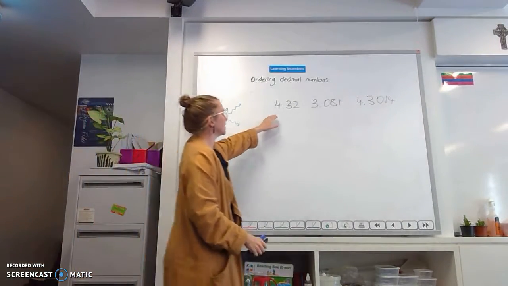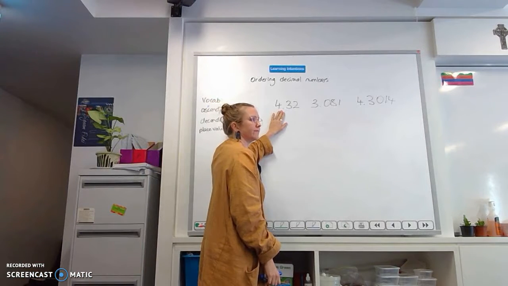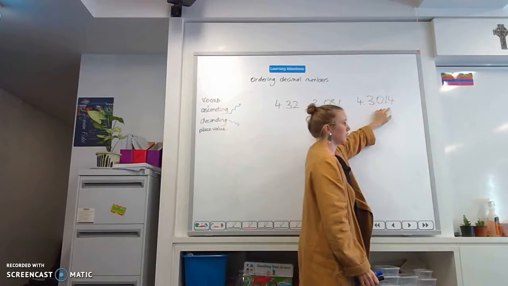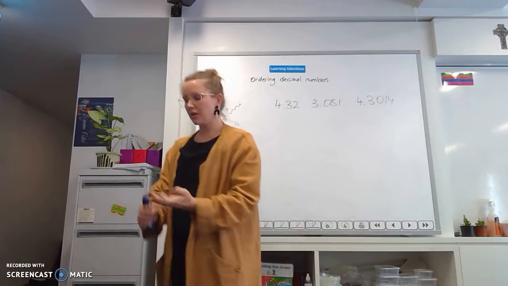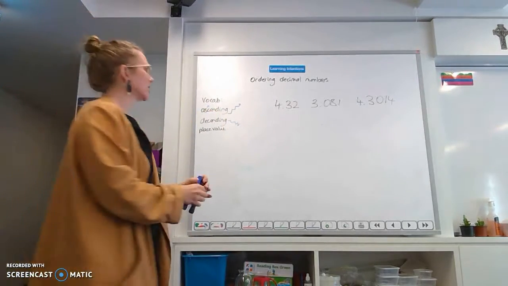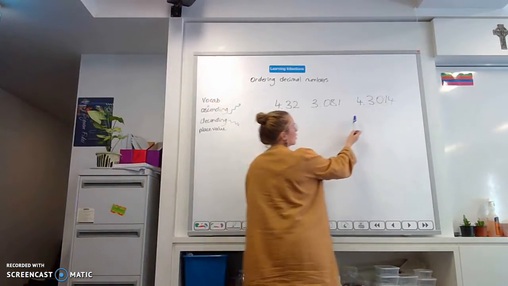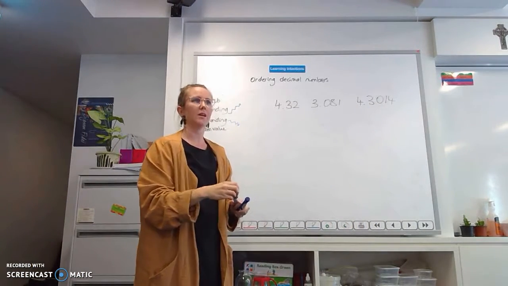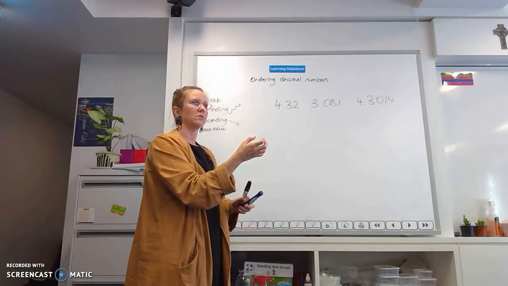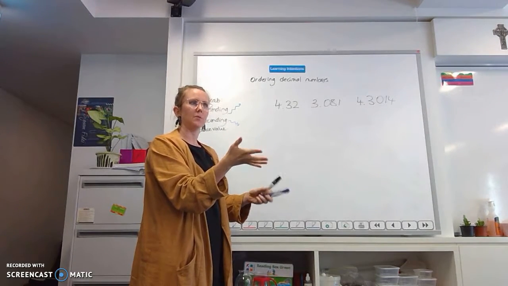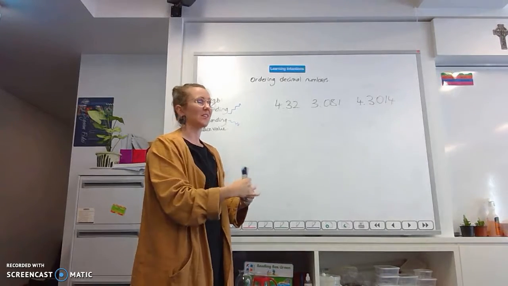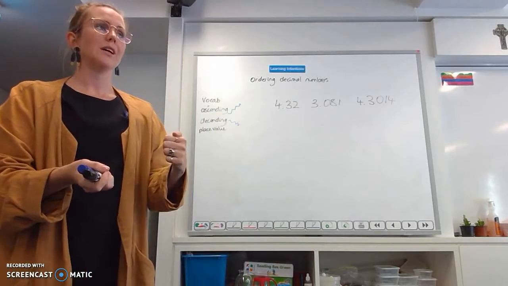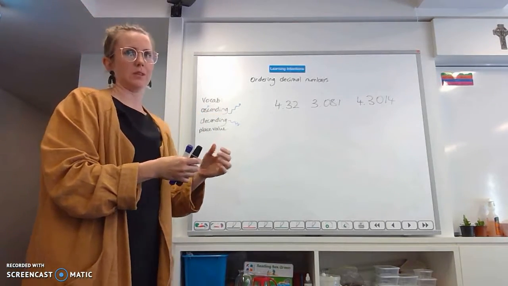We've got 4.32, 3.081, 4.3014. One of the traps that you can fall into is thinking that just because a number has lots of digits after the decimal point, it is the highest in value. The number of digits after the decimal point doesn't actually have a lot to do with whether it's a smaller or larger decimal. It just has to do with what type of numbers they are.